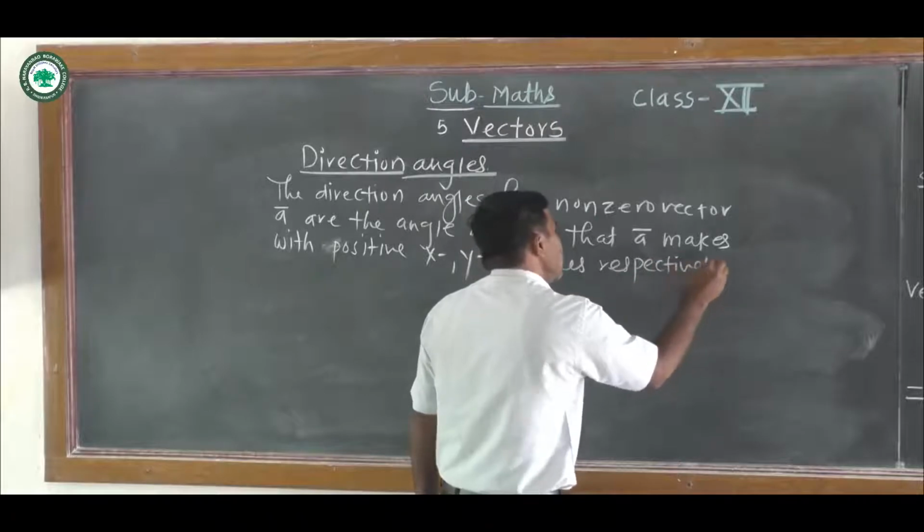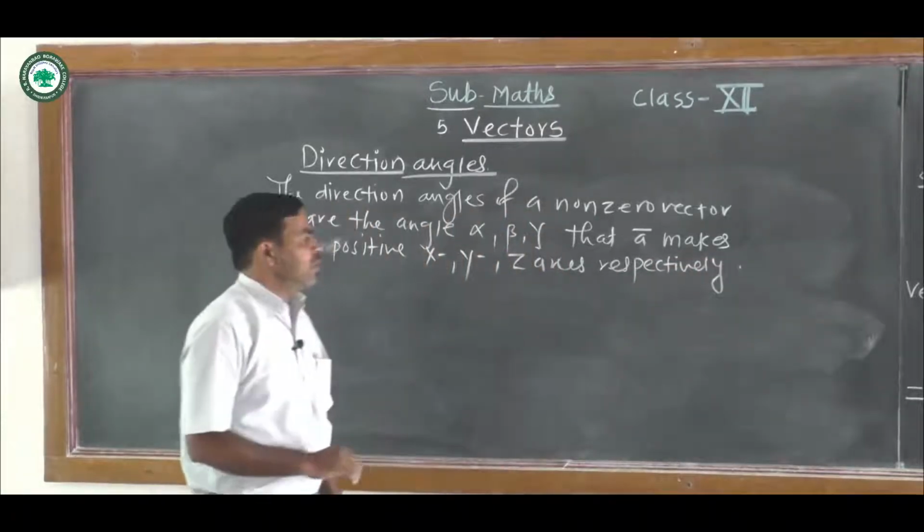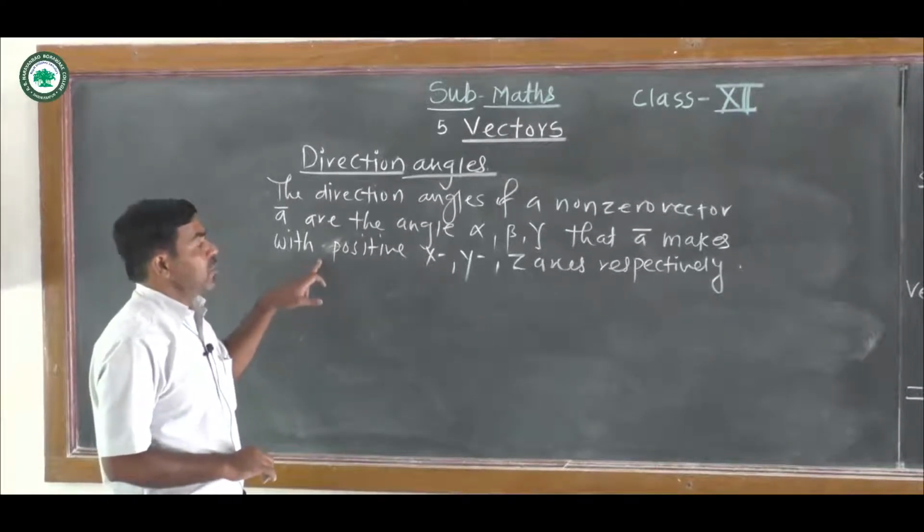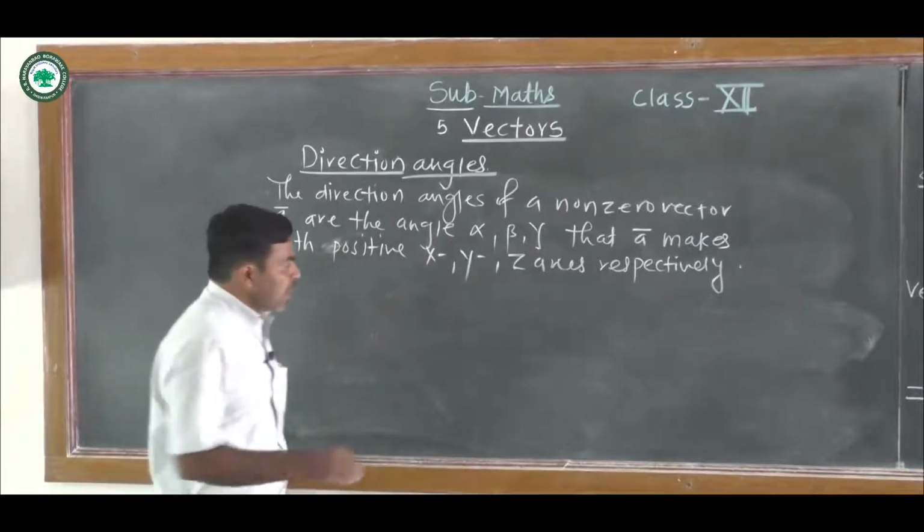See here, direction angles of a non-zero vector A bar is nothing but the angles made by that vector A bar with positive directions of X, Y, Z axis respectively.